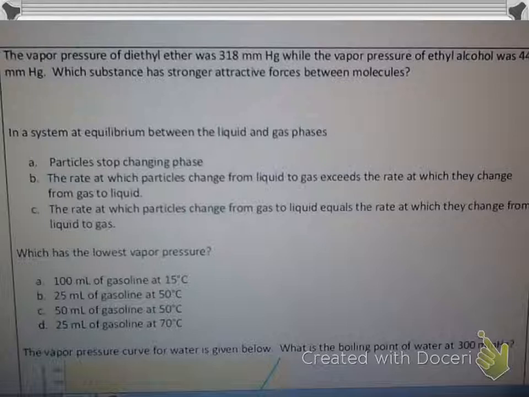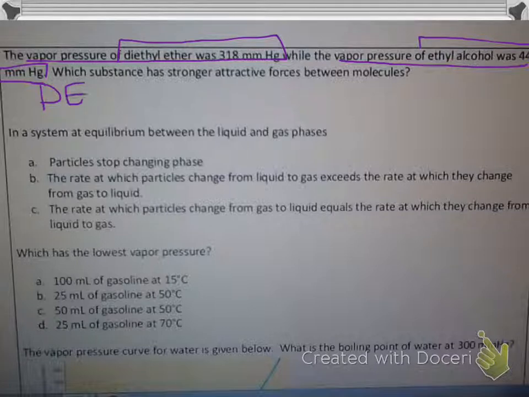The first one says the vapor pressure of diethyl ether is 318 millimeters of mercury, and the vapor pressure of ethyl alcohol is 44 millimeters of mercury. So diethyl ether has a vapor pressure of 318 millimeters of mercury, and ethyl alcohol has 44 millimeters of mercury as its vapor pressure.